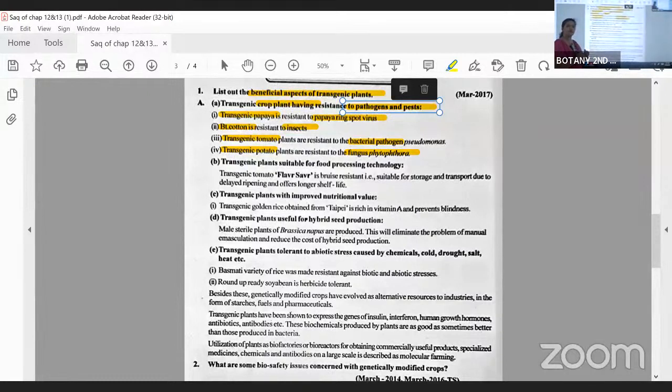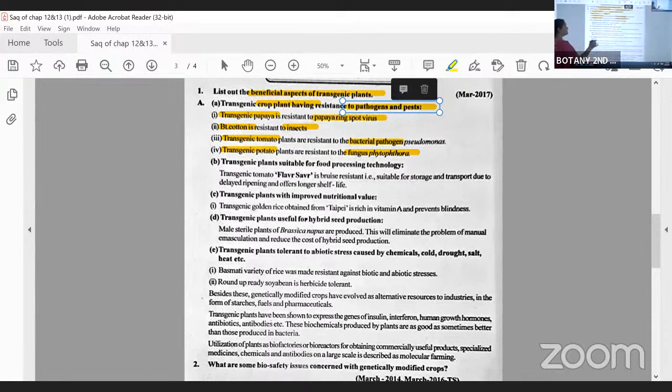Transgenic tomato is resistant to bacterial pathogens, transgenic potato is resistant to fungal organisms, and transgenic papaya is resistant to papaya ring spot virus. Like that you can remember.